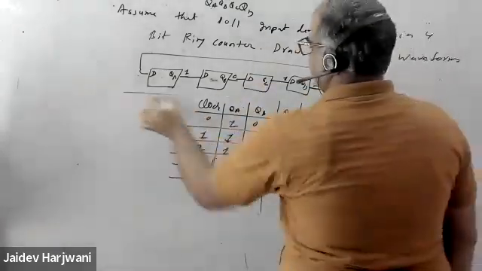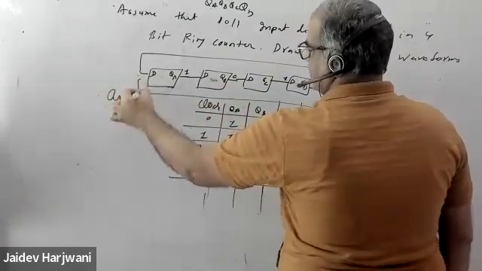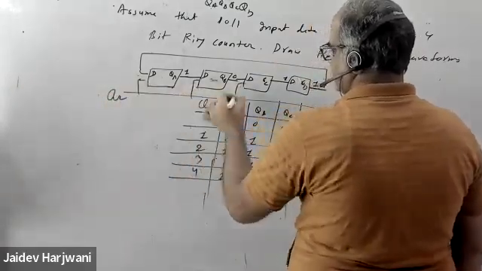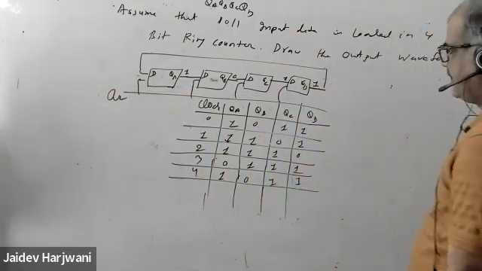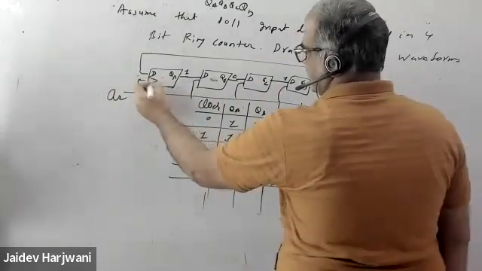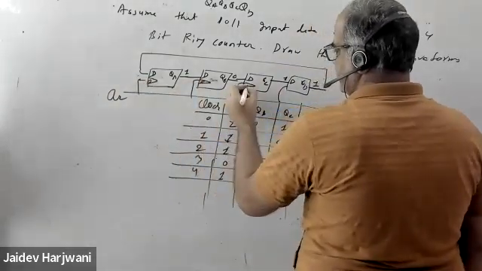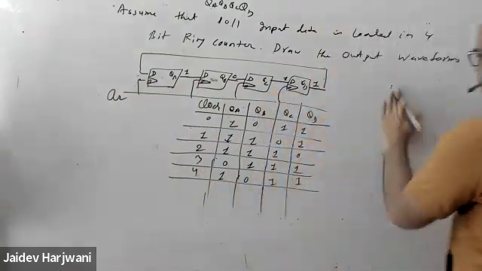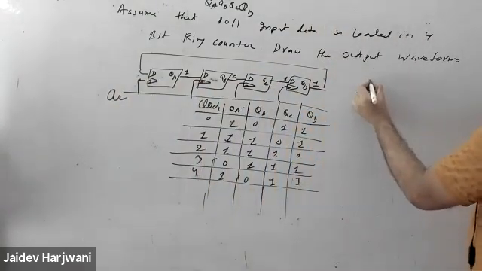Okay, and you need to make the clock also here. Let us say this is a negative triggering clock. So let me make the clocks now.